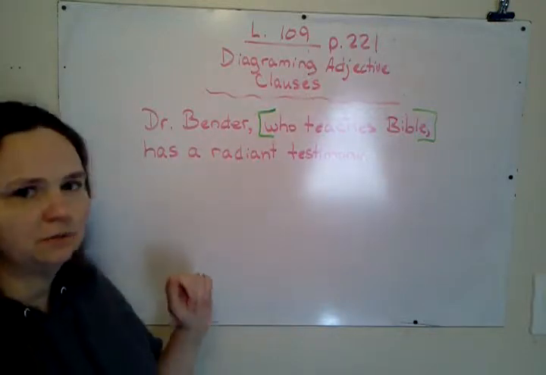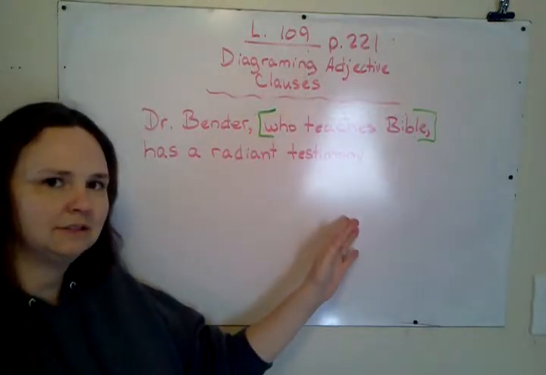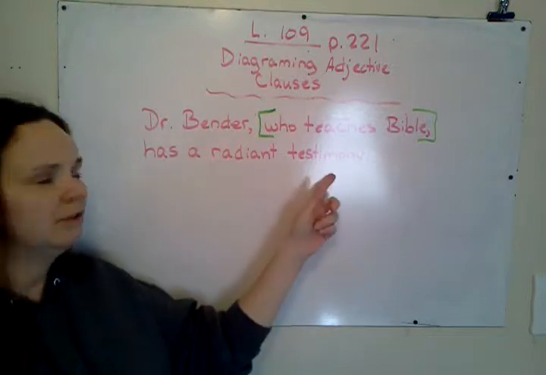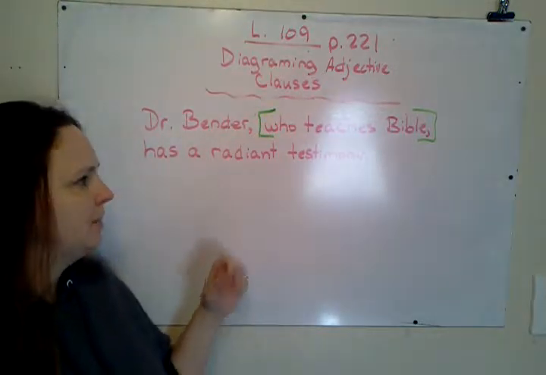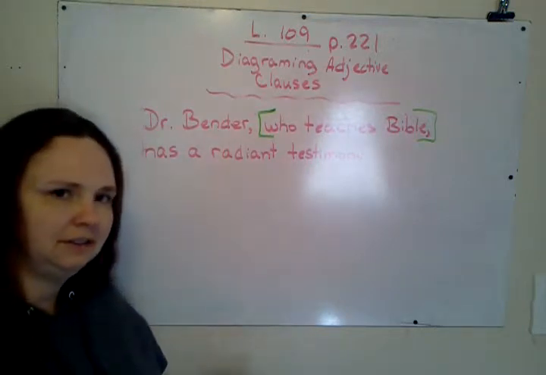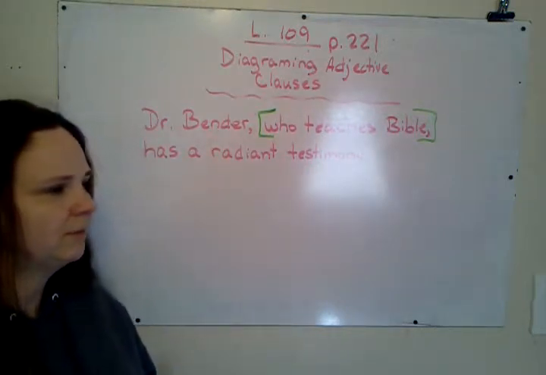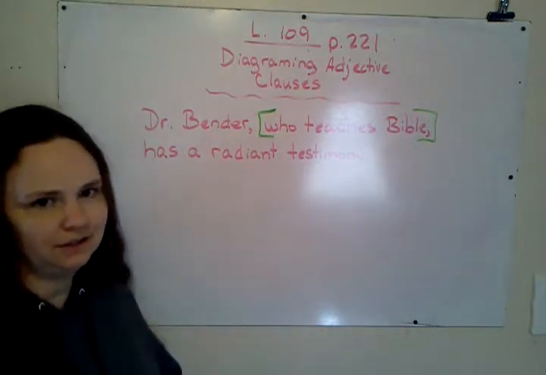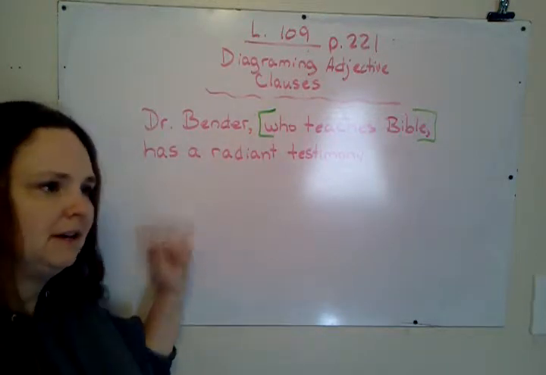When we diagram this, we're going to have one main sentence diagram line for the main sentence. There's going to be no room on there for this clause because a clause has its own subject and its own verb. And there's no place for a second subject and verb line on the main diagram.